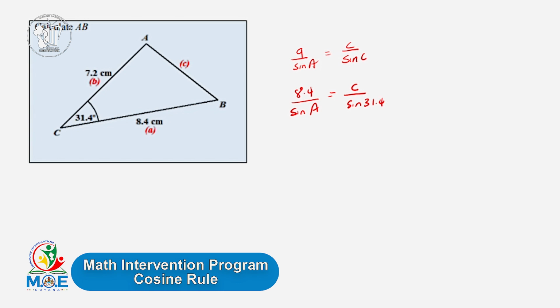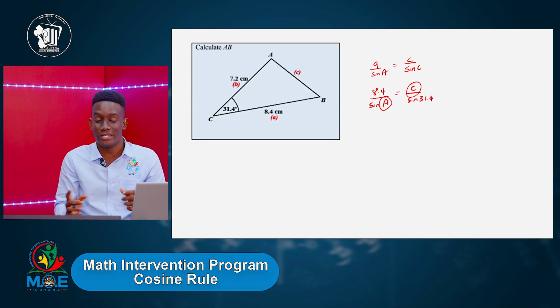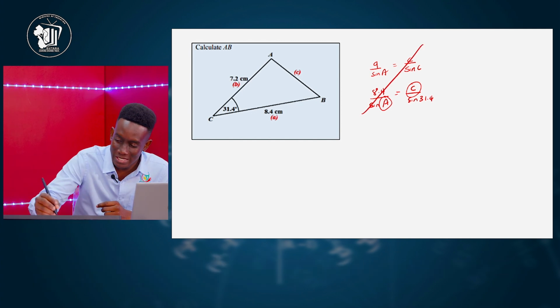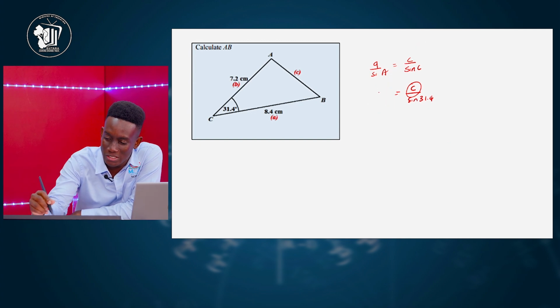So if we use the sine rule, we will have two unknowns in this equation. And of course, we cannot solve the equation if there are two unknowns, only one unknown. So this cannot work. So we have to use the cosine rule.